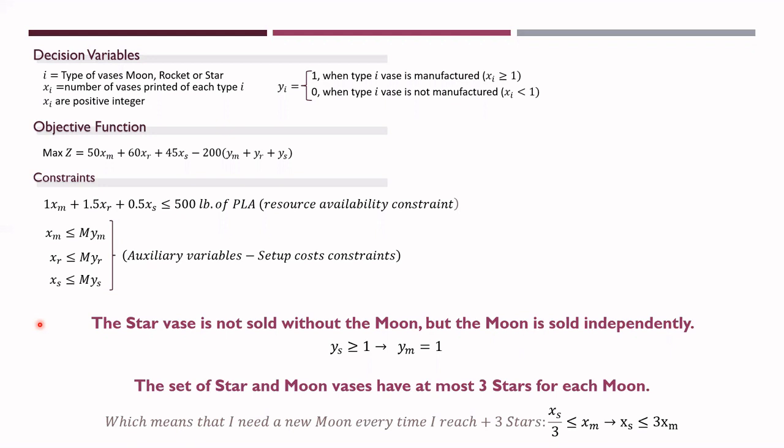And the second one is that the set of star and moon vases has at most 3 stars for each moon, which means that I need a new moon vase every time that I make more than 3 star vases. That can be translated in mathematical form to xs divided by 3 is less or equal to xm. That's the same thing as xs is less or equal than 3 times xm.